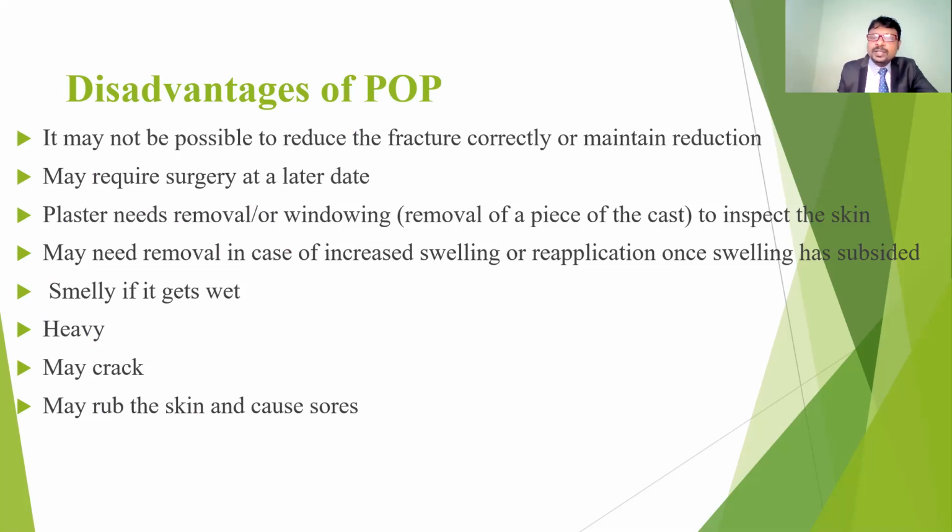There may be a chance of swelling because of improper application. Because of a tight application of the POP, it may cause compression of the nerves as well as compression of the arteries. Because of the compression, the limb is going to get heaviness as well as tingling sensation and severe pain. In those conditions, it is better to remove the POP.